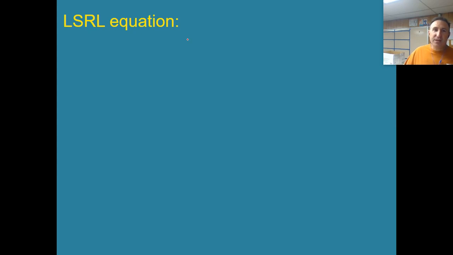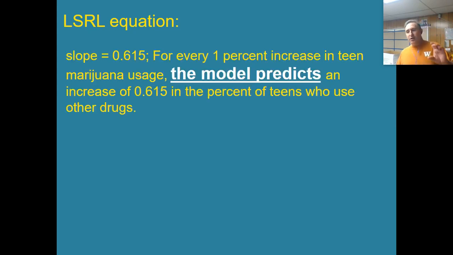So our least squares regression equation, we're going to interpret the slope for part D. Slope is 0.615. Now remember your slope, right? We have rise over run when we're talking about slope. And if we have a decimal, we're just going to say, well, this has a run of 1. Okay? We can make anything into a fraction by just putting it over 1.